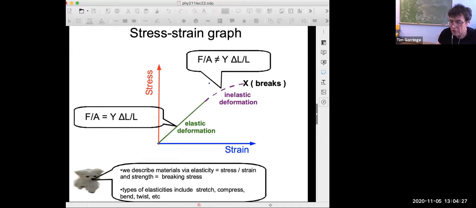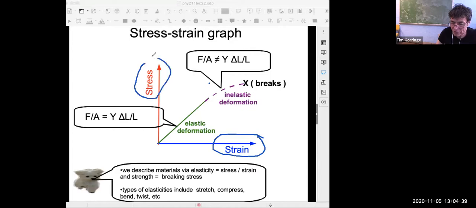So on a stress strain graph, horizontally we've got strain, and vertically we've got stress. So if you remember, stress is the force divided by the area of the thing you're stretching or compressing. So the stress is the cause of the deformation.